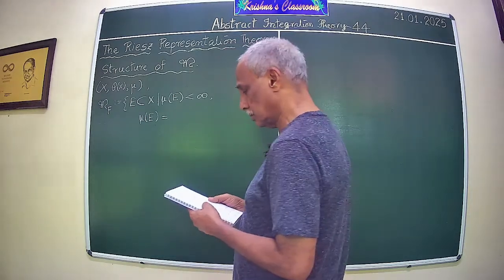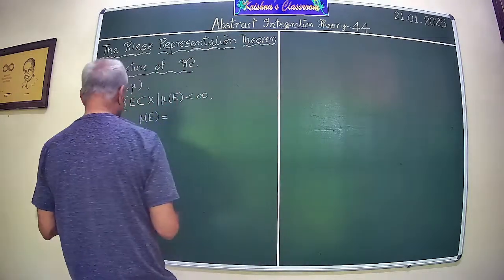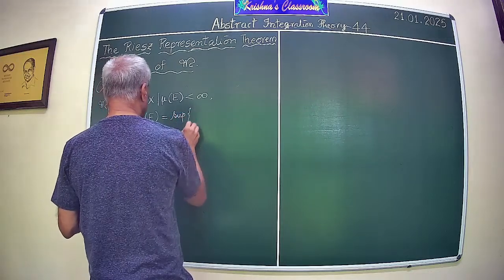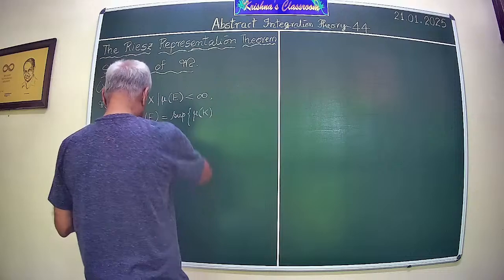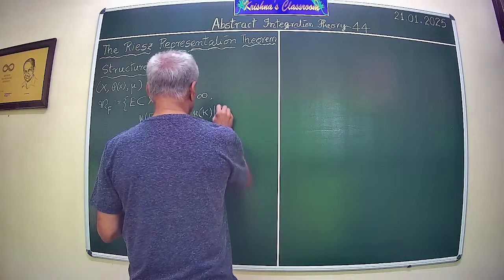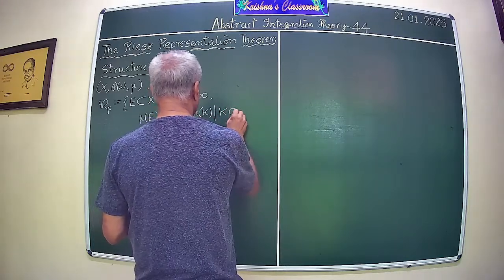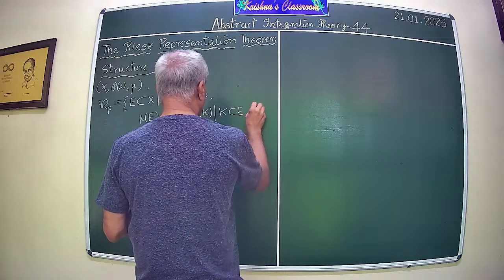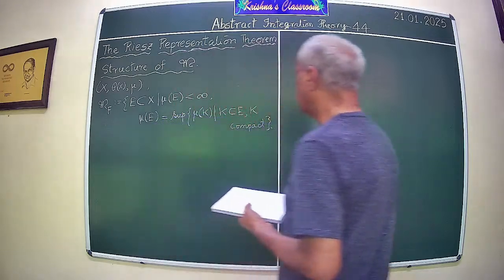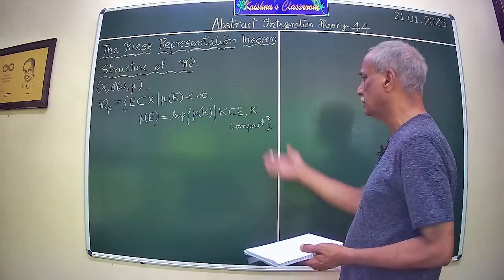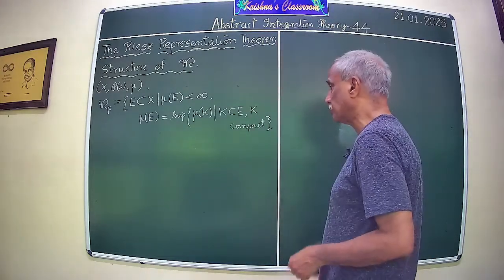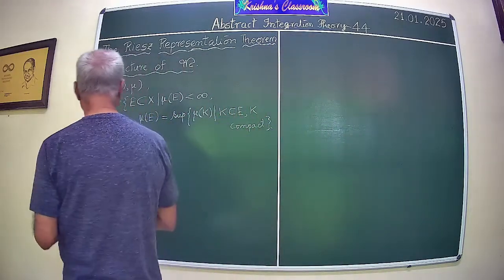The supremum is taken over all K which are compact and contained in E. So this is what we have as MF.